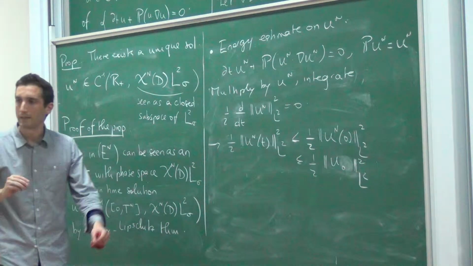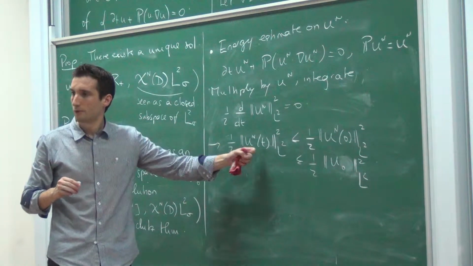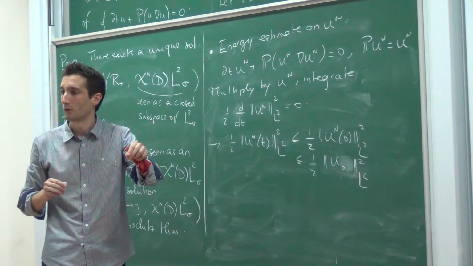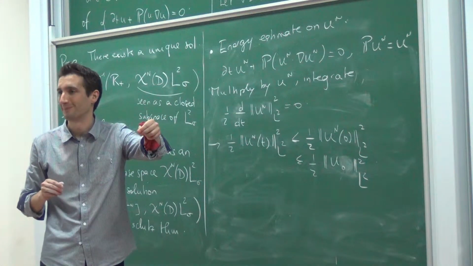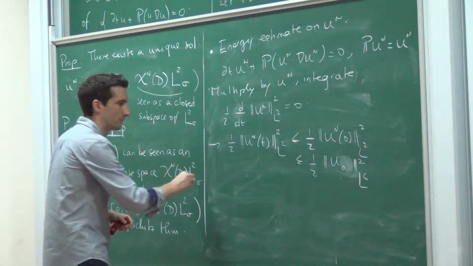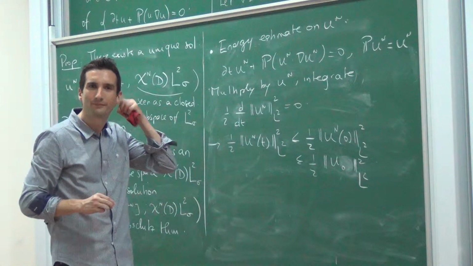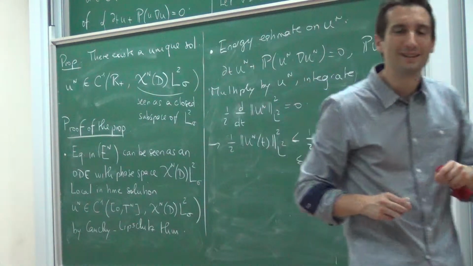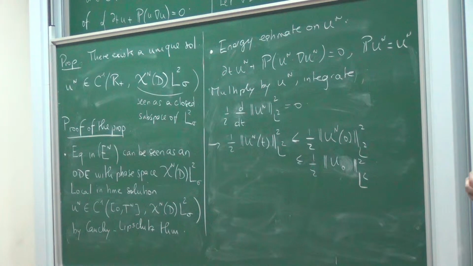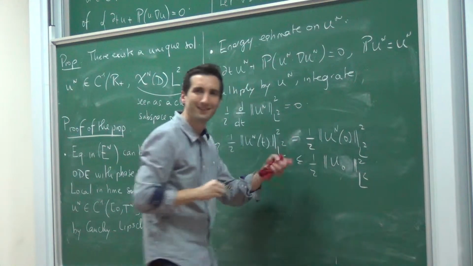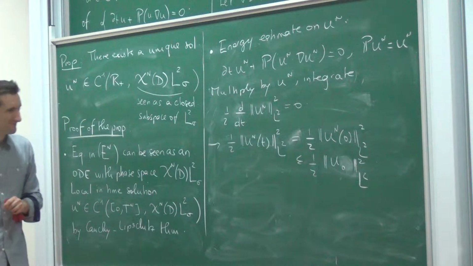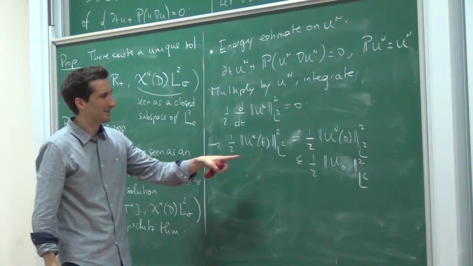So it tells me that this norm does not blow up. And for ODEs it will be enough to say that the solution is global. So here the first inequality should be an equality. Yes, sorry, I have an equality here. Thank you.